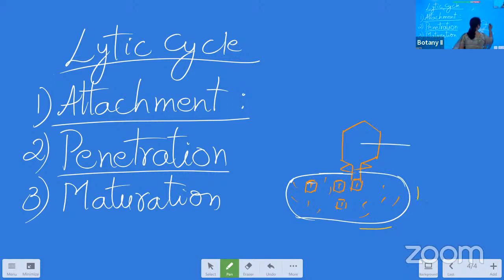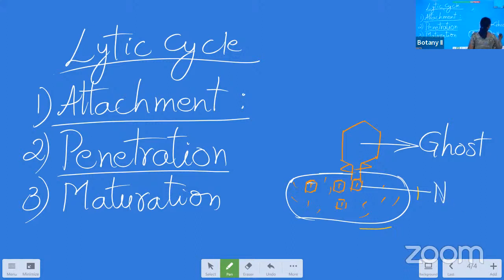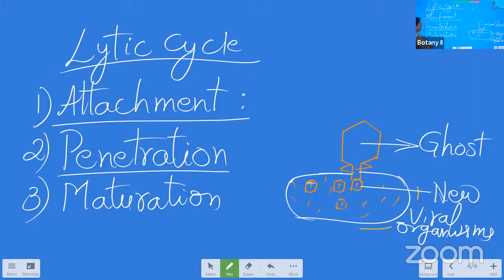So the empty viral organism is called the ghost. And the viral DNA that is present inside the cytoplasm starts getting the energy from the cytoplasm of the bacteria and starts making the new viral organisms. Okay, this is the maturation.